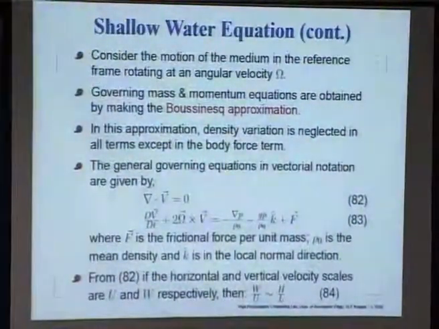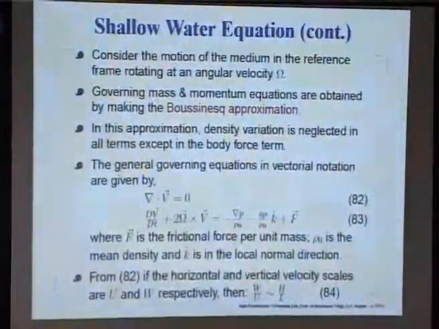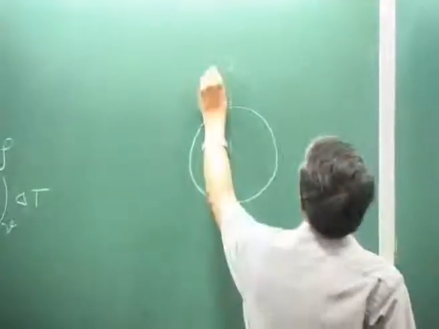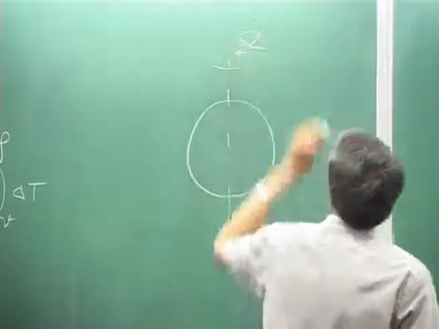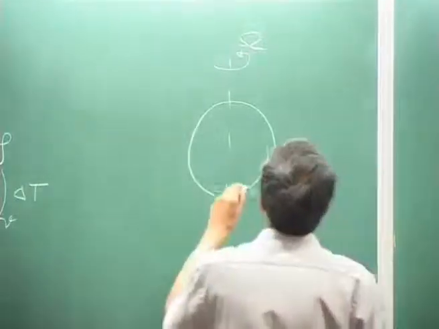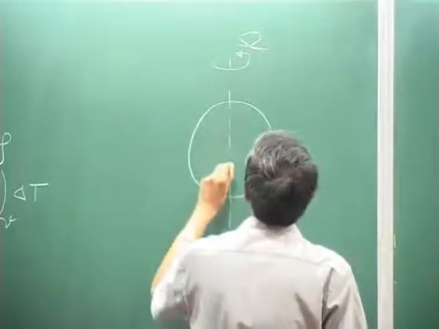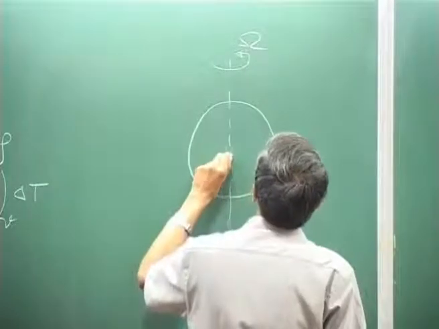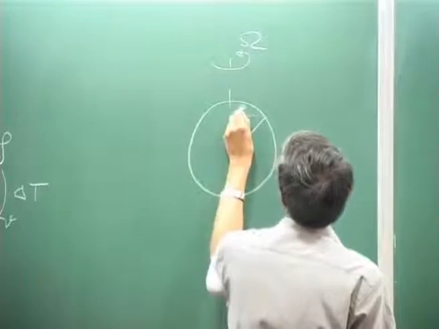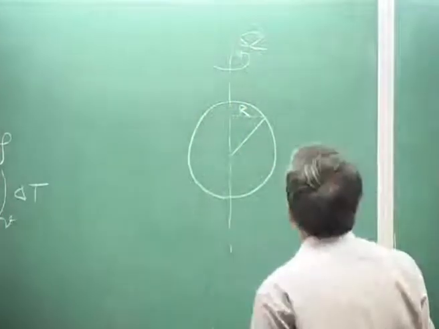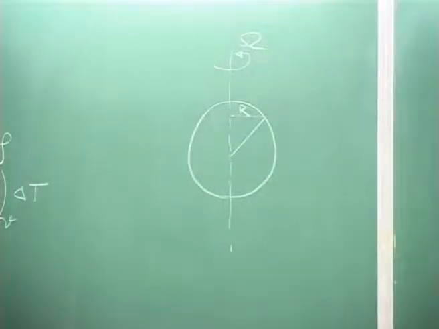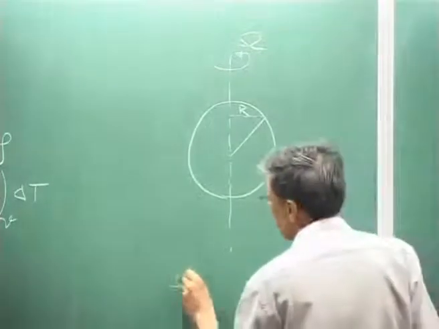I am asking you the following, that let us say this is your earth rotating with this angular velocity here, then if I look at a location here which is at a distance say capital R from this axis of rotation, then there would be a centrifugal term which should be like this.